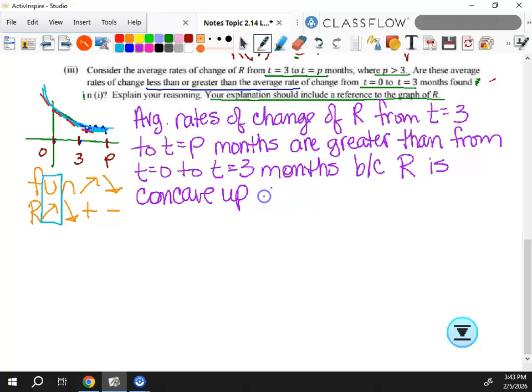Then I can say, therefore, rates of change are increasing. So I had to reference the graph and talk about the concavity, and then the fact that the concavity implies that the rates of change are increasing.